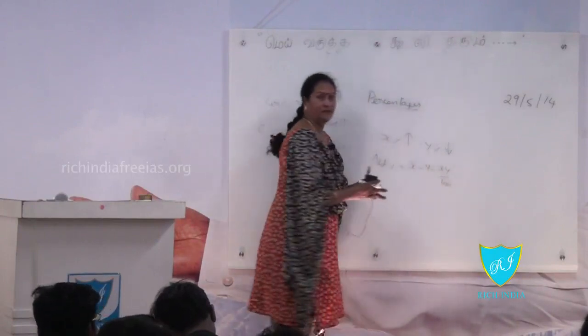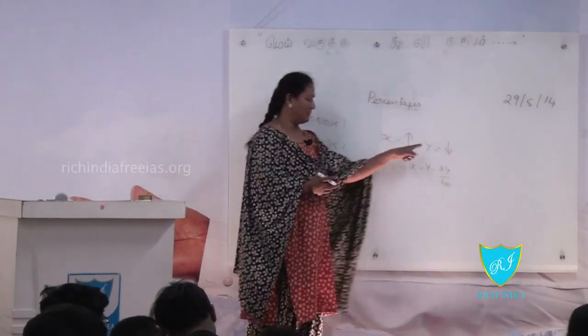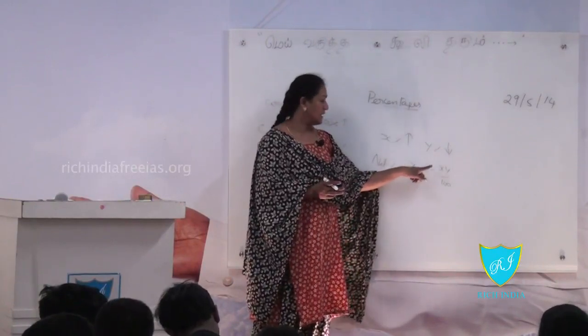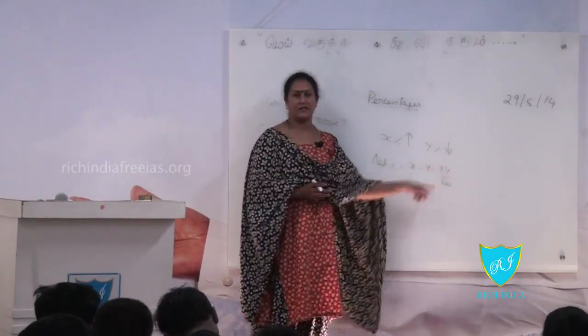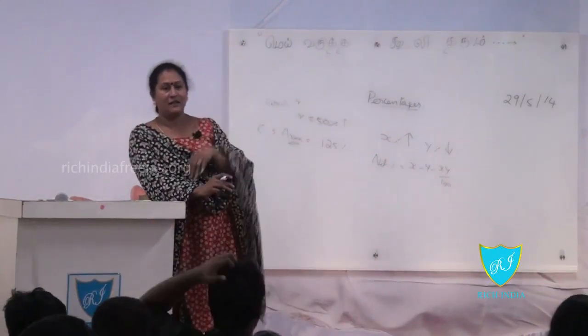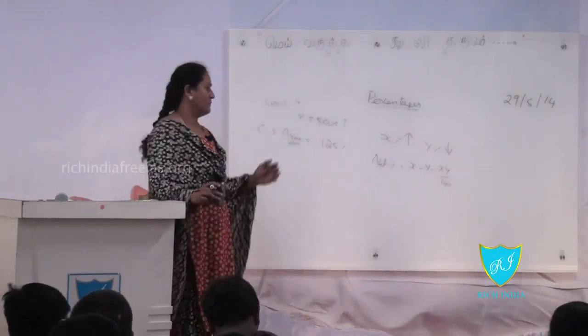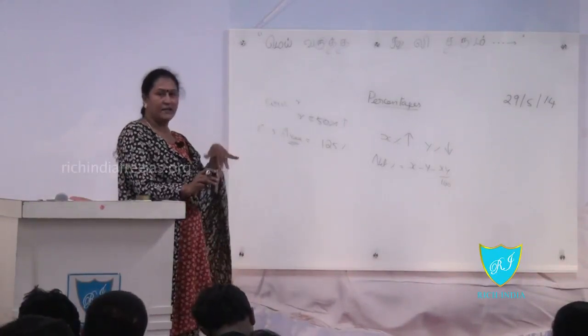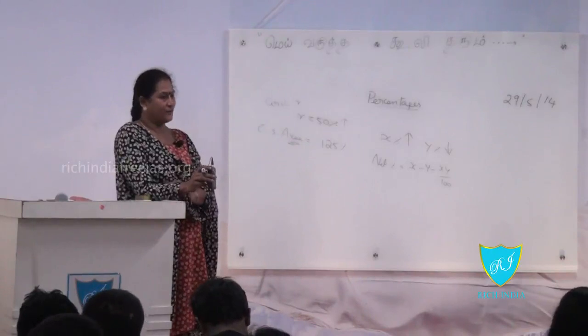So the same thing, instead of plus you take minus. Since it is a decrease, you take minus, and then plus into minus is minus xy by 100. The shopkeeper increases the price and then gives a discount. Price decrease, you take minus.